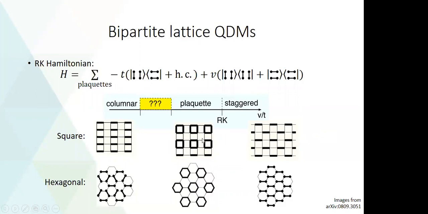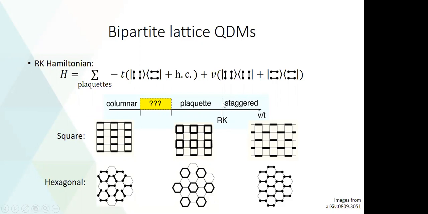They break different symmetries. Here we have rotation symmetry, here we don't. Here we can move once in the x direction and once in the y direction, and this is a symmetry; here it's not a symmetry. So we break different symmetries, and from Landau theory we expect this to be a first order phase transition.